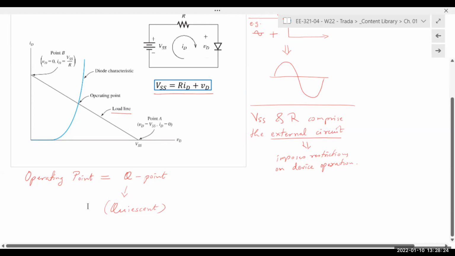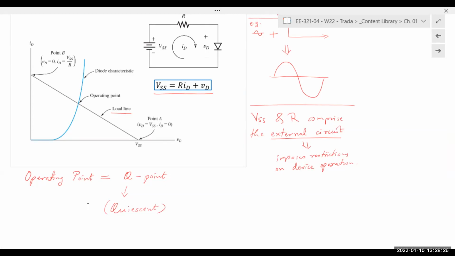Q point or operating point stands for quiescent point. The name means it's lying in a dormant state, meaning we take the operating point, the device is basically fixed for operation at that point until it receives a signal.